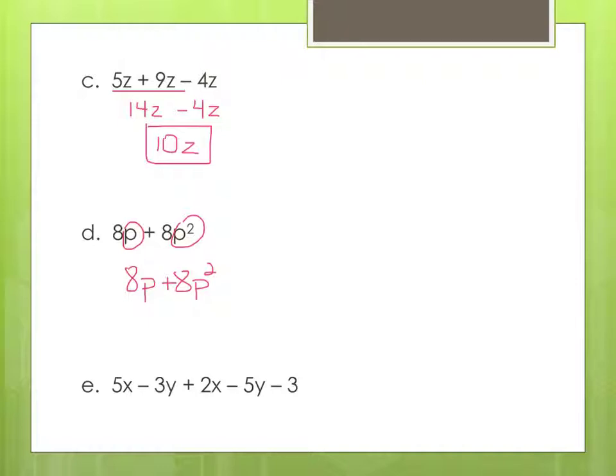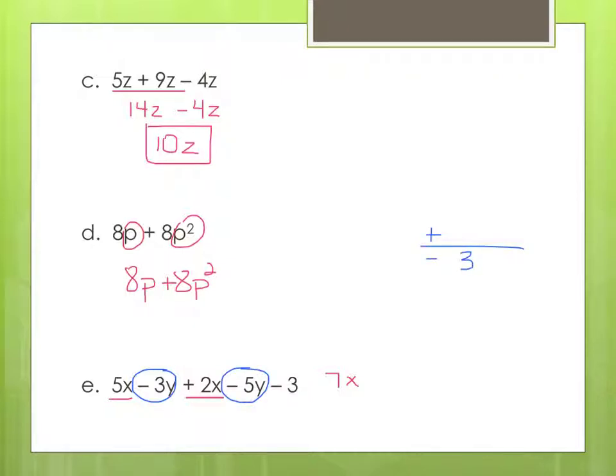And E, 5x minus 3y plus 2x minus 5y minus 3. So I'm going to combine like terms together. So 5x plus 2x is 7x. And then negative 3y minus 5y.